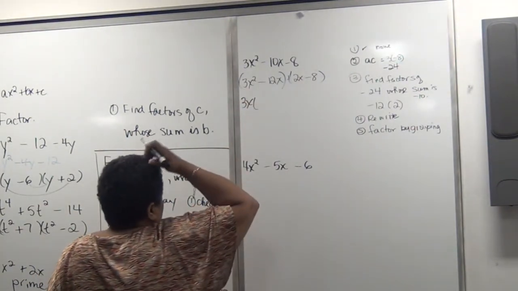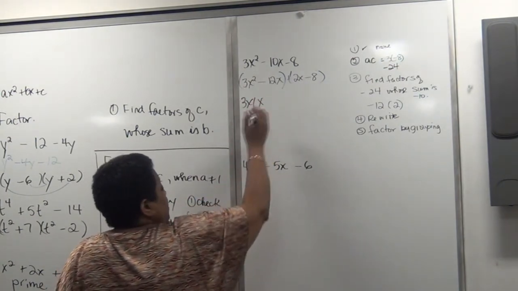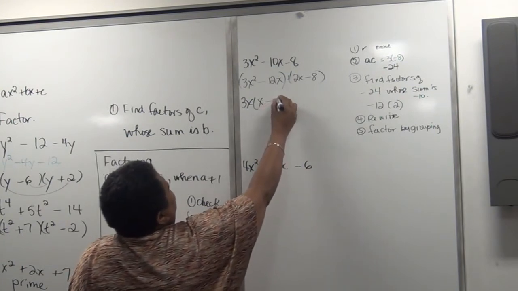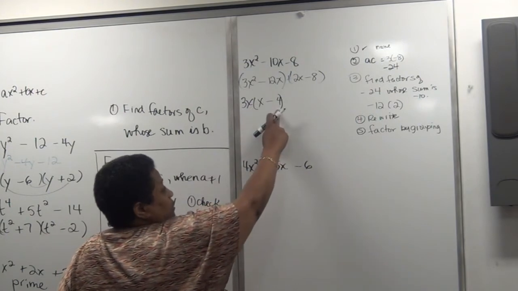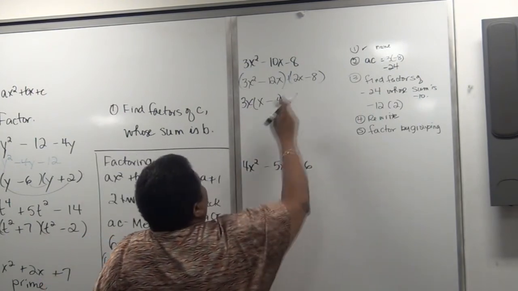So 3x times what will give you this? x minus 4. You already got the x, so we don't need another one, do we? No. All right, what's the common term over here?